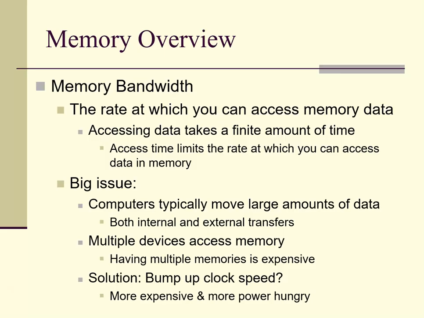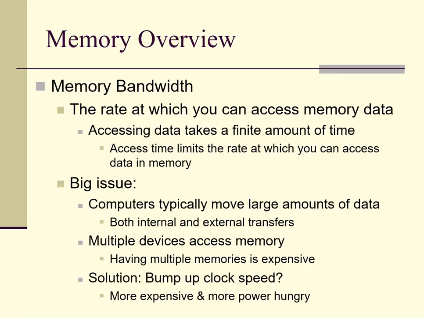Computers move a large amount of data, both internal and external transfers, and also multiple devices are trying to access that memory. If multiple devices are trying to access the same memory, one of those devices is going to have to wait, and if you have a device waiting inside of a computer, your throughput is going to go down.